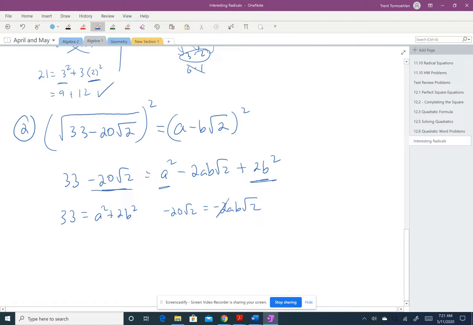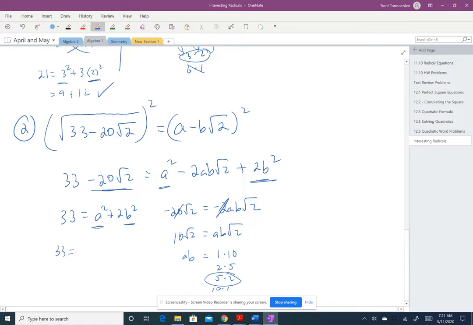And so we cancel out the negative 2's, and so we get ab must equal 10. And so like we did in the last problem, ab has to equal 1 times 10, or 2 times 5, or 5 times 2, or 10 times 1. Again, we can rule out the 10s, and actually pretty quickly we can realize that it must be this one, because if we have the 5 as the b, then we get 50 for that second term.